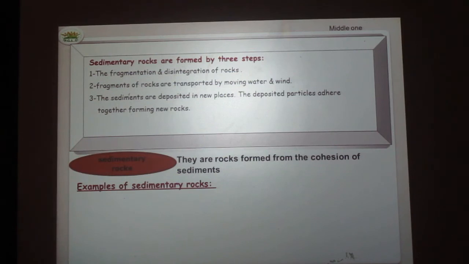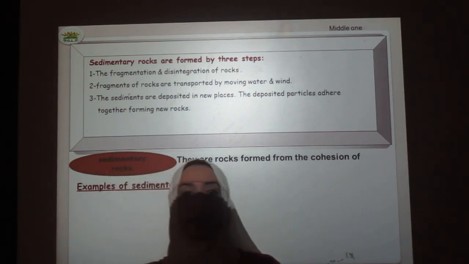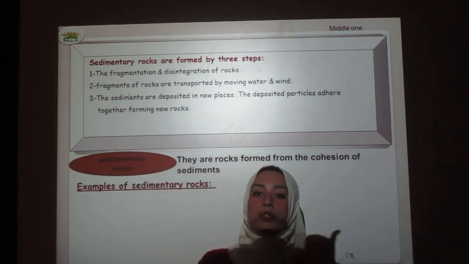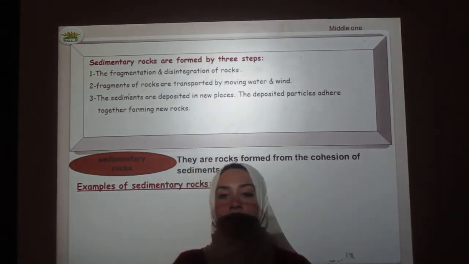Okay, examples of sedimentary rocks. If you remember, we have the examples of igneous rocks: we have plutonic rocks and volcanic rocks. The example of plutonic rocks is like granite, while volcanic rocks are like basalt. Excellent.